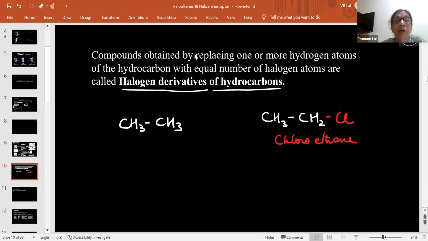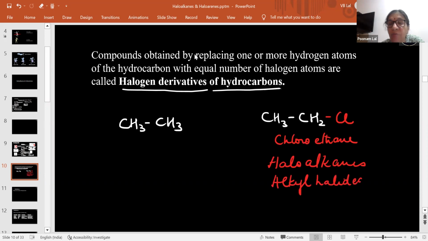If I remove one or more hydrogens from an alkane, then the part which remains is alkyl, and what I put there is a halogen. So we sometimes call them haloalkanes. You also can call them alkyl halides.